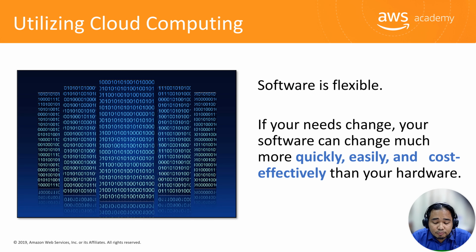Because software is flexible, managing your infrastructure as software offers a number of benefits, including flexibility. If you need to make changes, using software you can change much more quickly, easily, and cost effectively than with hardware. With a cloud service provider like AWS, you do not need to think about the hardware. With a few clicks, you can provision exactly what you need, and it will be available to you in a few minutes.